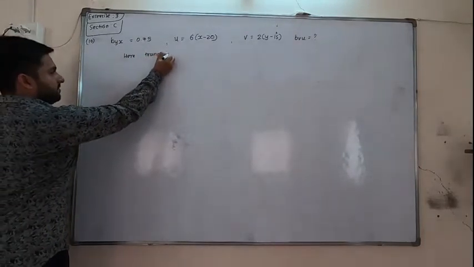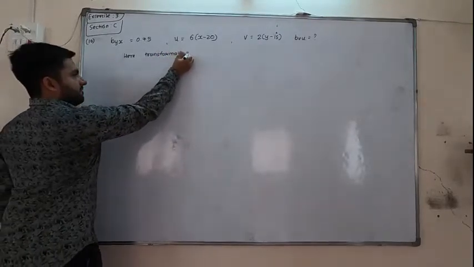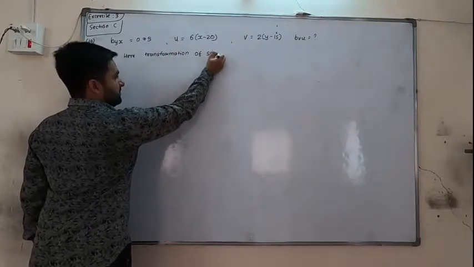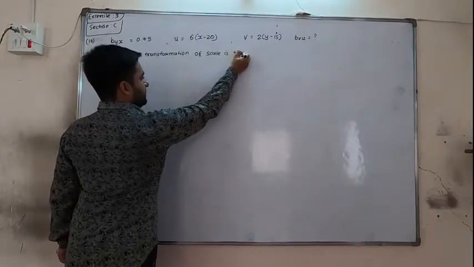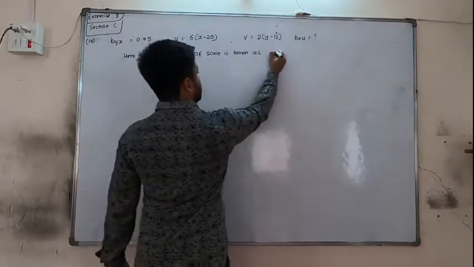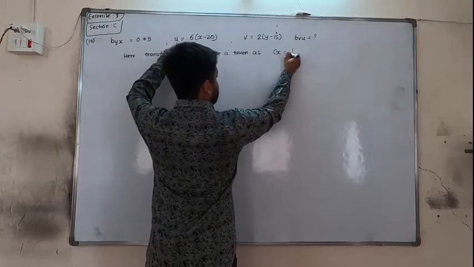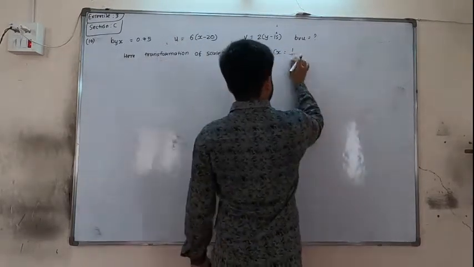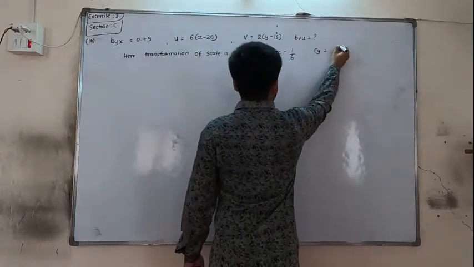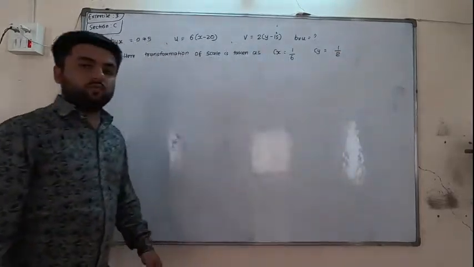Here the transformation of scale is taken as Cx multiplication, so the reciprocal is 1 by 6, and Cy is also multiplication, so the reciprocal is 1 by 2.